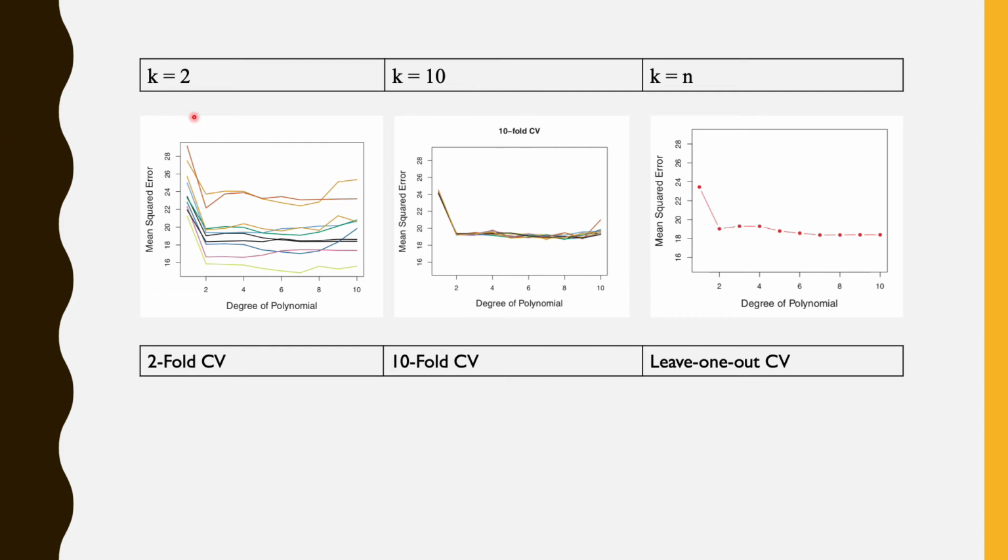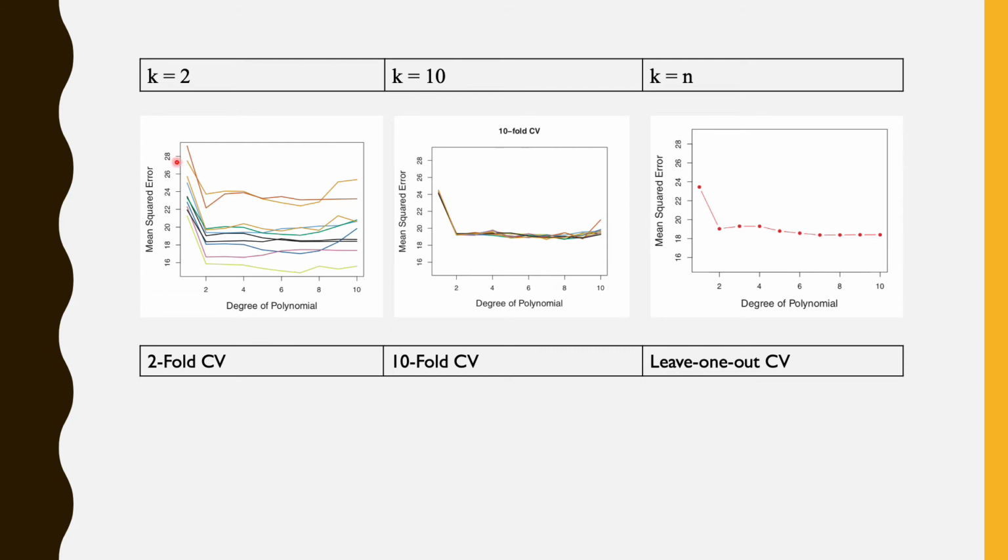So let's see the left side of the plot, the left one. Here k is equal to 2, and I just got this plot from the ISLR book. They ran it on the Auto data and used different values of k with this data set.